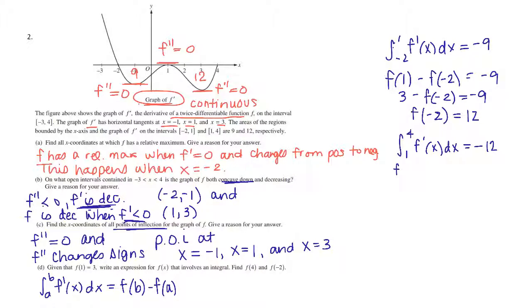So we get f at 4 minus f at 1. That's equal to -12. What value do I know for f at 1? So I'm going to have f at 4 minus, what value was that? 3. And that's equal to -12, right? So what do we get for the value of f at 4? -9.